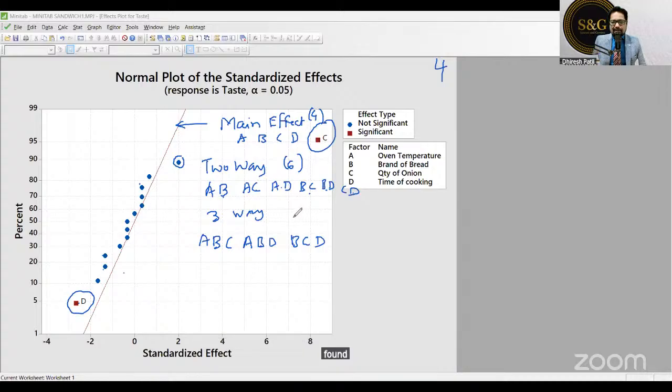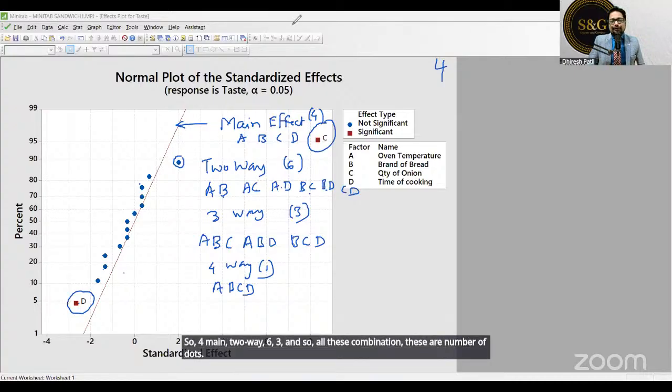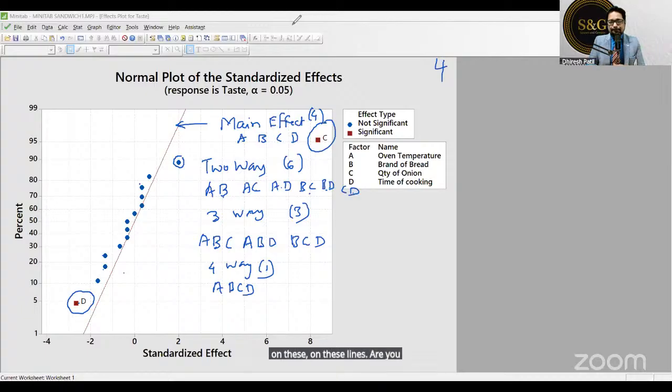So in 3-way, there are 3 factors. And then there is a 4-way interaction as well, which is nothing but A, B, C, D. It's a combination, so there is 1. So 4 main, 6 two-way, 4 three-way, and 1 four-way; these are the number of dots on these lines. Are you clear? Just give me yes in the chat box.